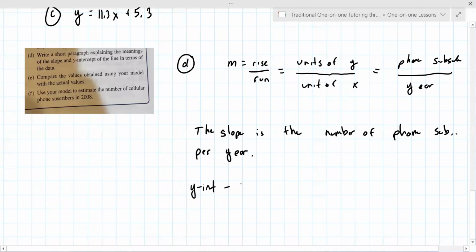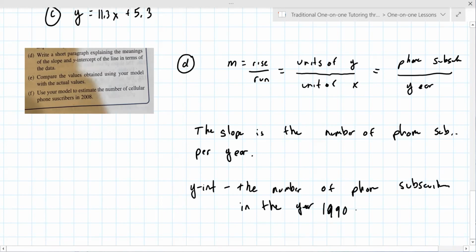So it's the number of phone subscribers in the year 1990. That's the starting year. But it's in millions. I guess that's also important. It's not 5.3, it's 5.3 million. Which maybe seems like a lot, but there's billions and billions of people on the planet, so not that many.